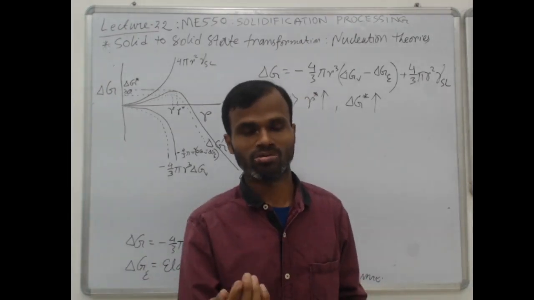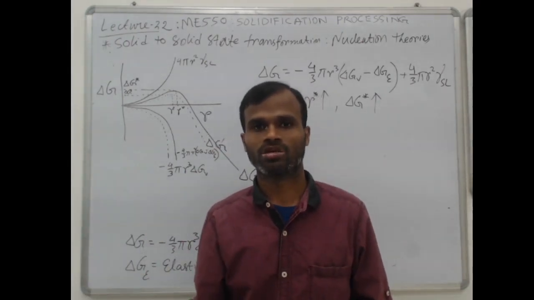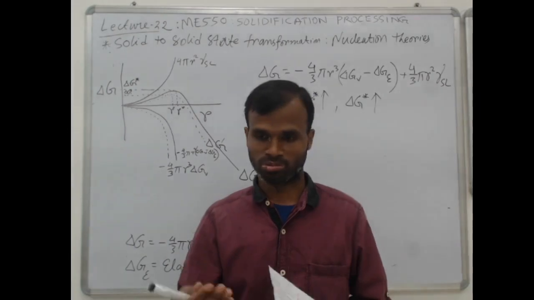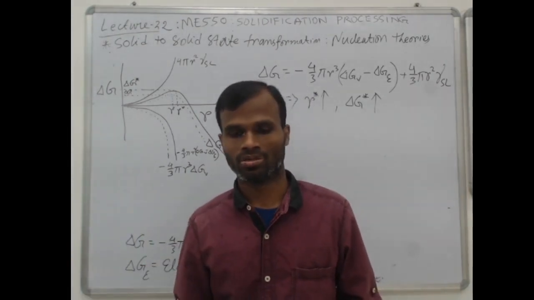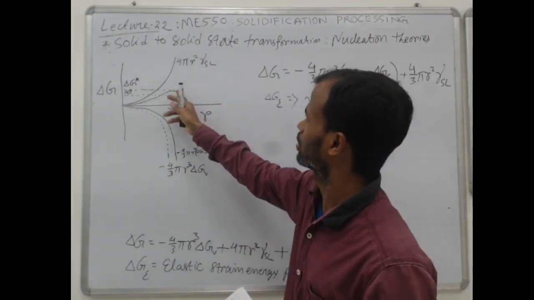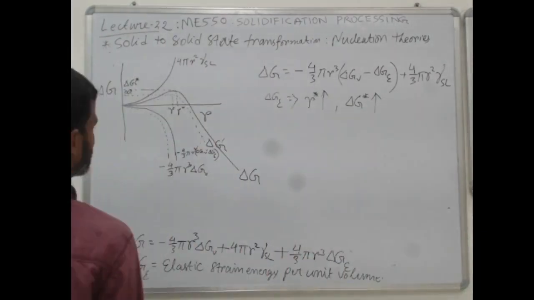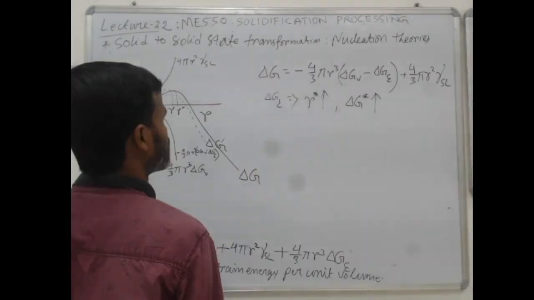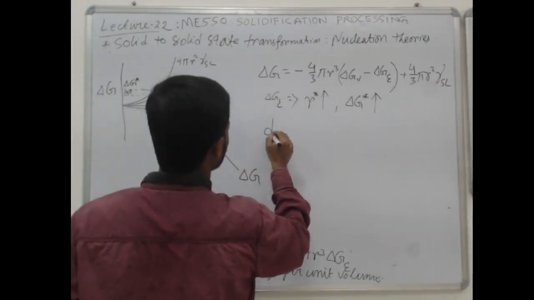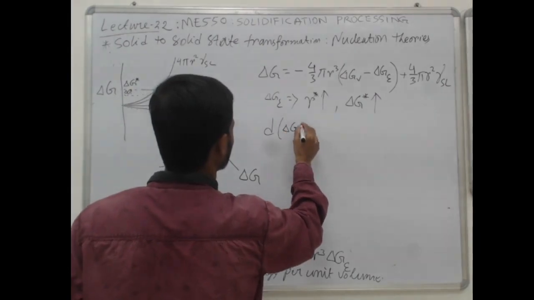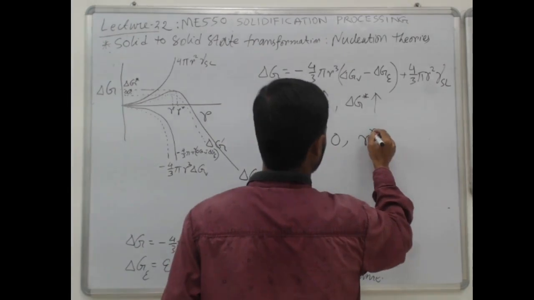That means that now the formation of the nuclei will be much more difficult, because you need to form bigger nuclei as well as you need to supply more energy, or overcome the higher activation barrier, which is delta G star. Now, if you want to find the critical size and the critical free energy, similarly to what we did earlier, we can take the derivative and equate it to 0, it will give me R star.